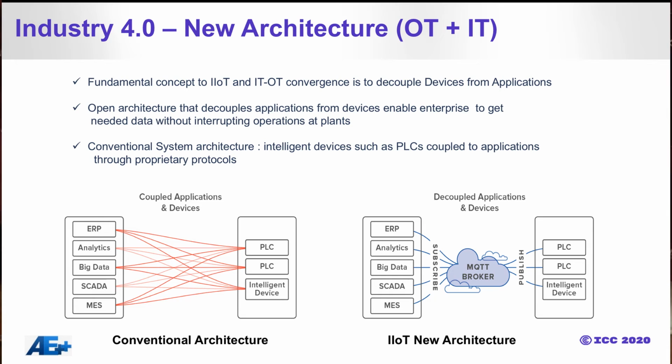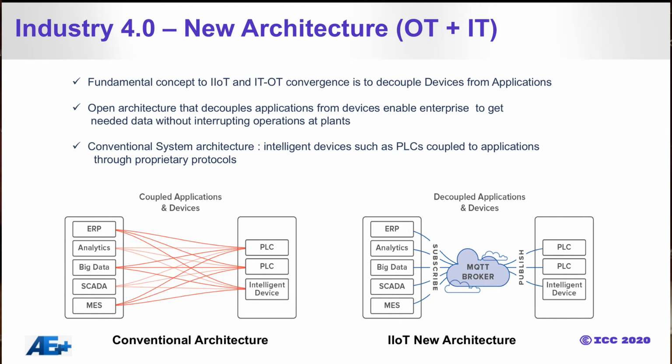In the conventional system architecture, intelligent devices such as PLCs are coupled to the application through proprietary protocols. What it means is, in the earlier days, the devices were all connected directly to their application, and as a result, they were in some ways limited by the fact that there was only a single connectivity happening between the devices and the application.